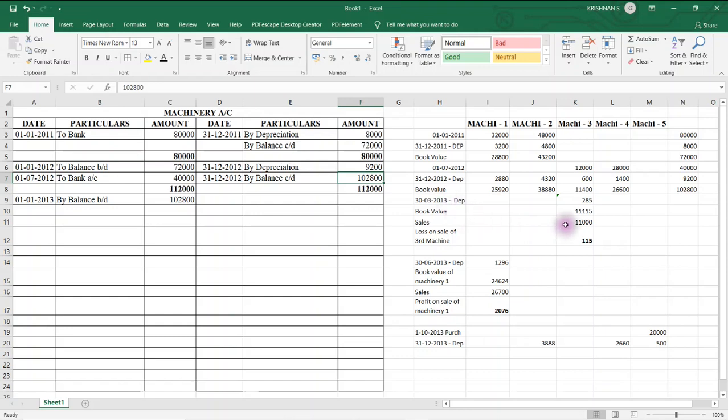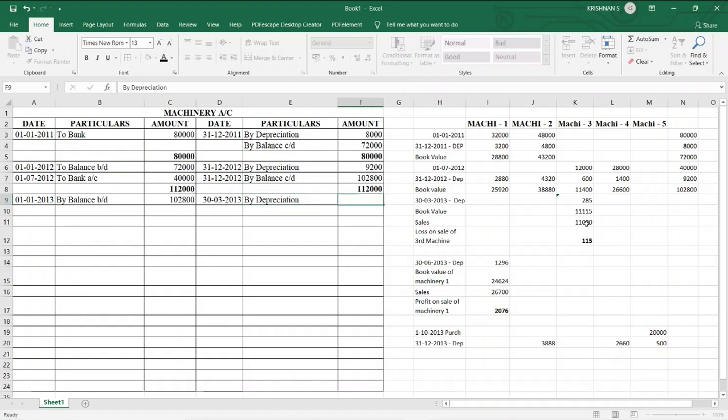Then on 30/6/2013 machinery sold, okay, for rupees 11,000. Here, on 30/6/2013, the sales. First we can enter the depreciation. Usually in the textbook they mention total depreciation for each and every year, but we can mention the depreciation for the particular machinery separately.